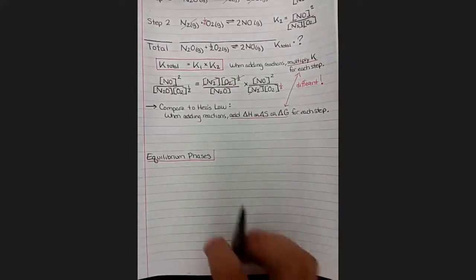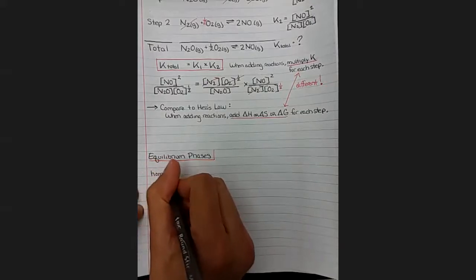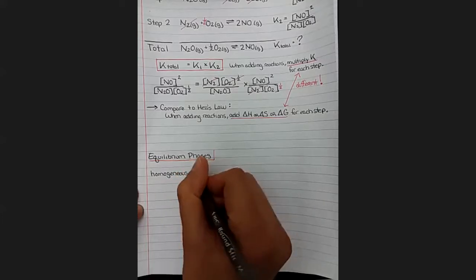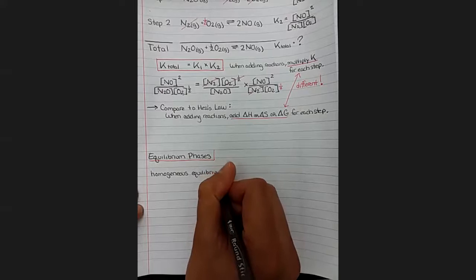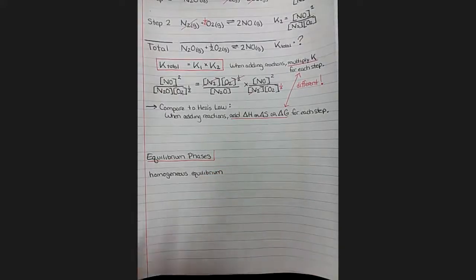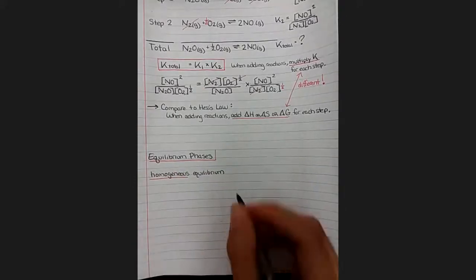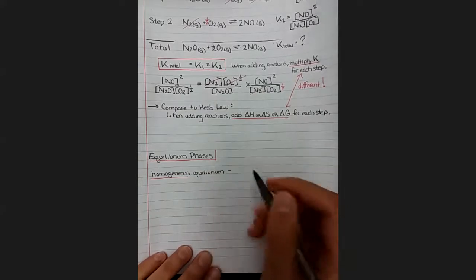Okay, so a few bits of terminology that we need to throw in here. We need to differentiate homogeneous and heterogeneous equilibria. Okay, so the first kind is called homogeneous equilibrium, homo meaning the same. So the part that is the same in this equilibrium is the phase.